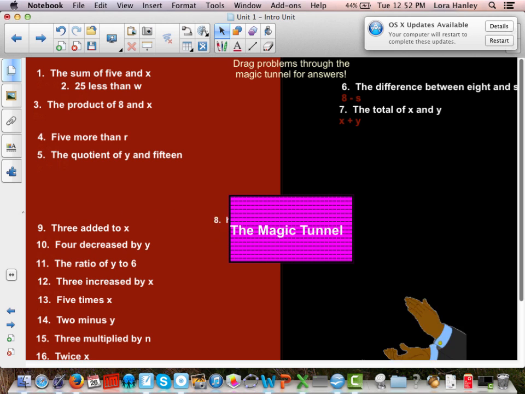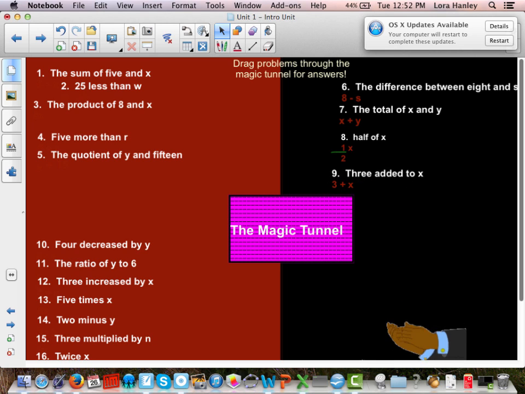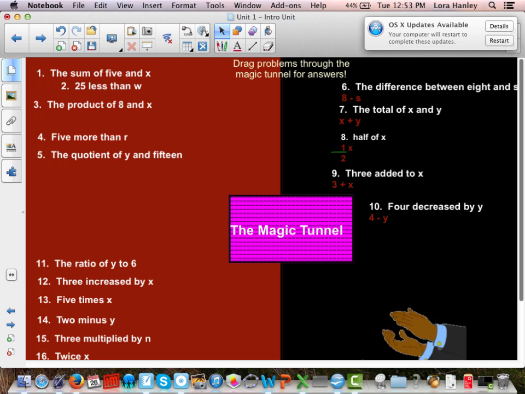Of means multiplication with fractions, so 1/2 times x. 3 added to x. 3 plus x. 4 decreased by y. 4 minus y. The ratio of y to 6. That's division. That's one we didn't talk about. y divided by 6.